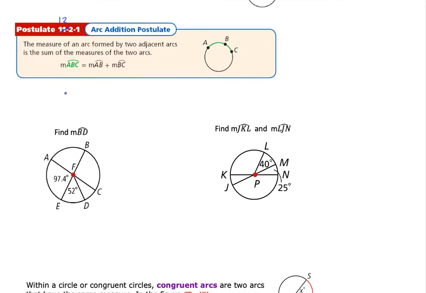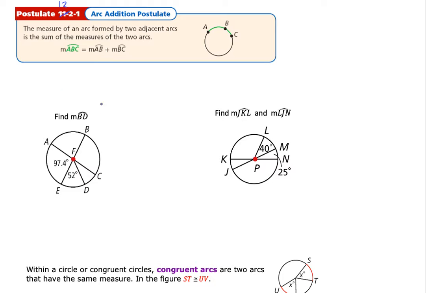So let's find some arcs. The measure of arc BD. So that's from here to here. Okay? Well, we need to know what this degree is and this degree. Please remember that vertical angles are congruent.